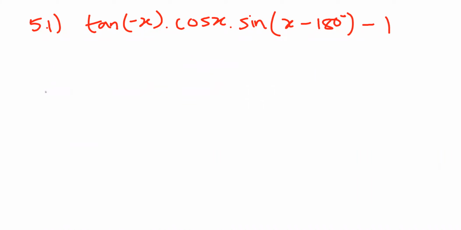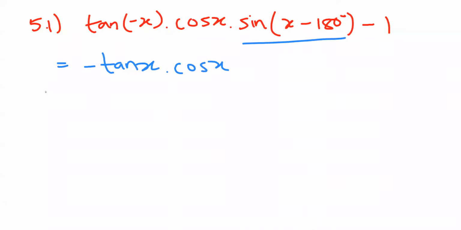Tan of negative x. Let's first reduce that first expression. Tan of negative x, Sydney, what is this equal to? Negative tan x. That's correct. Tan of a negative angle becomes negative. So negative tan x. Okay, cos will stay the same.